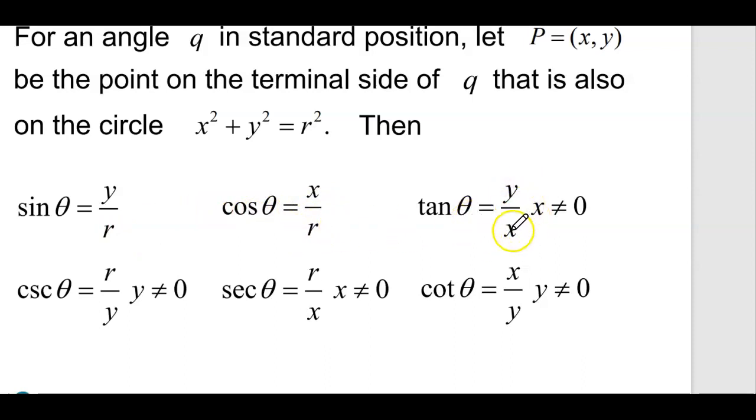It's still y over x, as long as x isn't 0. Cosecant, still the reciprocal of sine, so it's r over y, as long as y is not 0. Secant is still the reciprocal of cosine, which is r over x, as long as x isn't 0. And cotangent is x over y, the reciprocal of tangent, as long as y is not equal to 0.